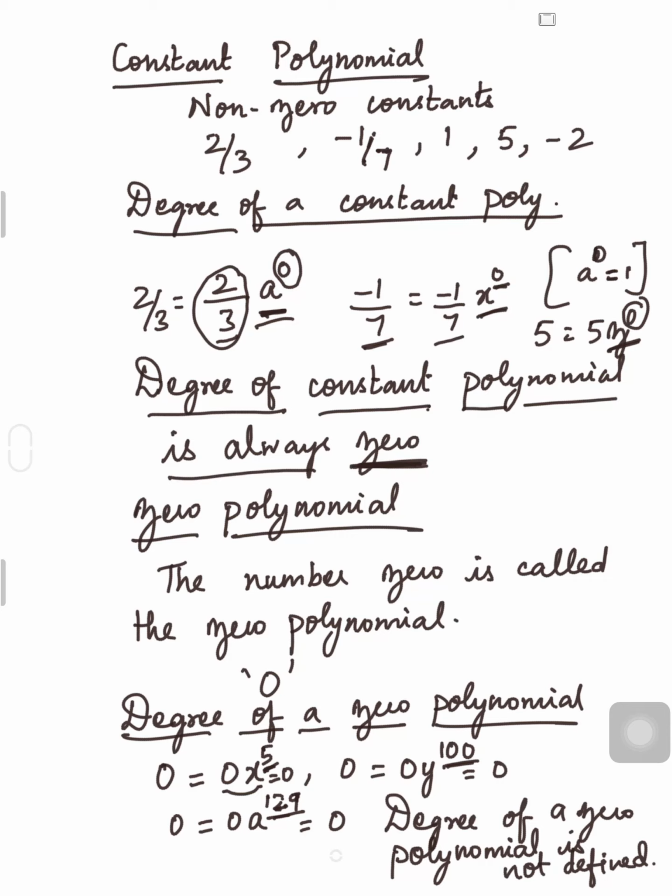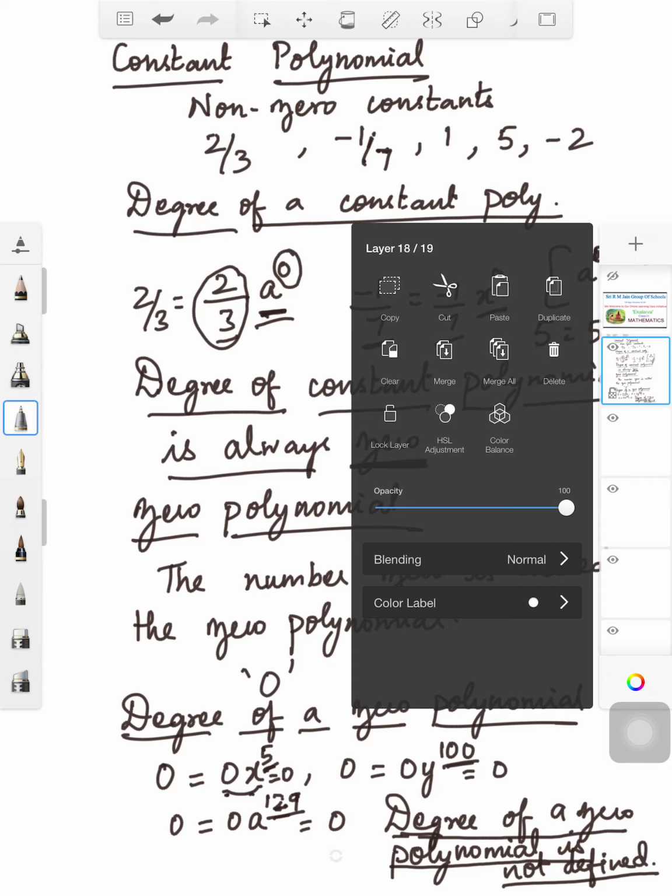Whereas when it comes to degree of a zero polynomial, every 0 can be written as 0 into any variable with any power. So each one of us get different degrees. So we cannot define the degree of a zero polynomial. So we come to the conclusion the degree of a zero polynomial is not defined.